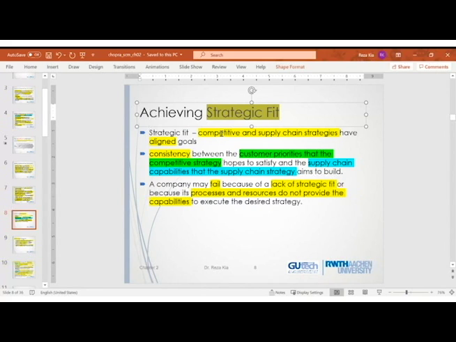So if I want to reach strategic fit in two directions, it means that by supply chain strategy, I will improve the capability of my supply chain. By competitive strategy, I will try to address the customer priority.